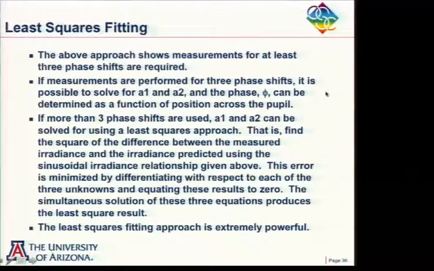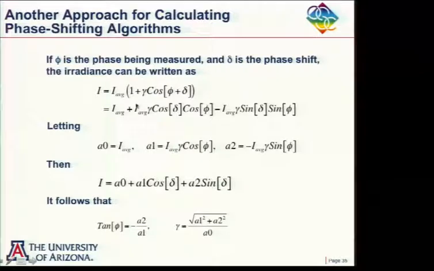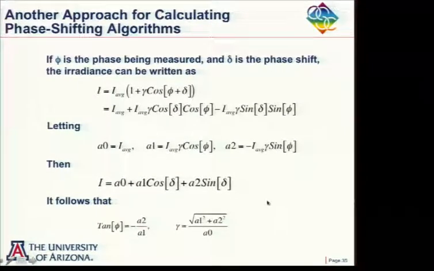Now, if the measurements are performed for 3 phase shifts, then it's possible to solve for A1 and A2, and the phase phi can be determined as a function of position across the pupil. So that's true. If I do 3 phase shifts, I'd have this equation here.